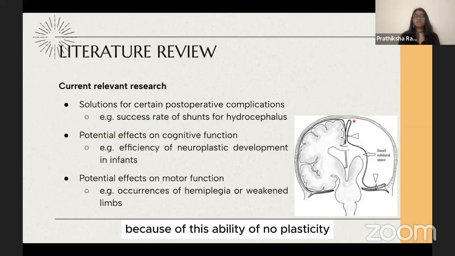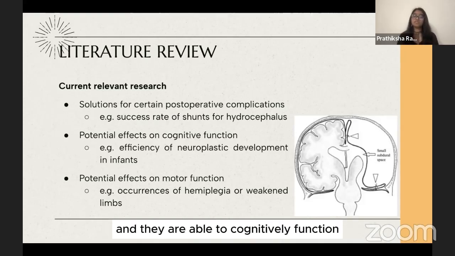Because of this ability, they're able to make up for it in no time at all, and they are able to cognitively function like anyone else their age.